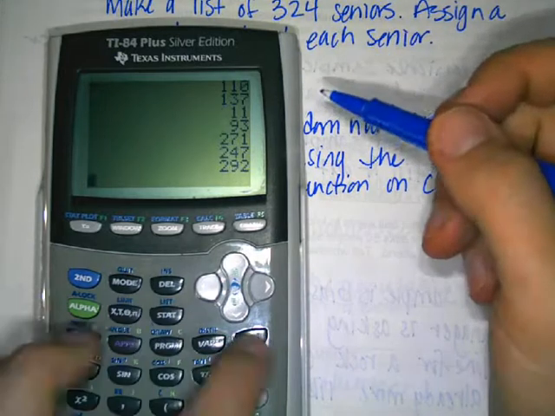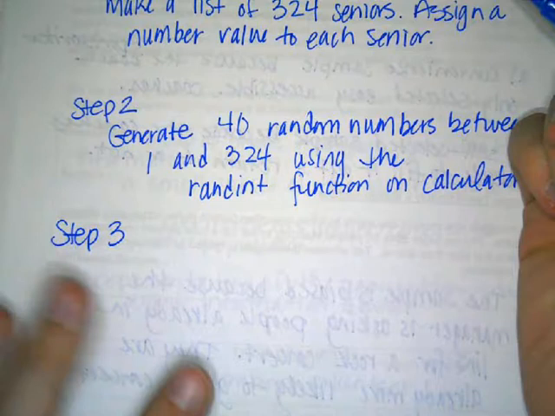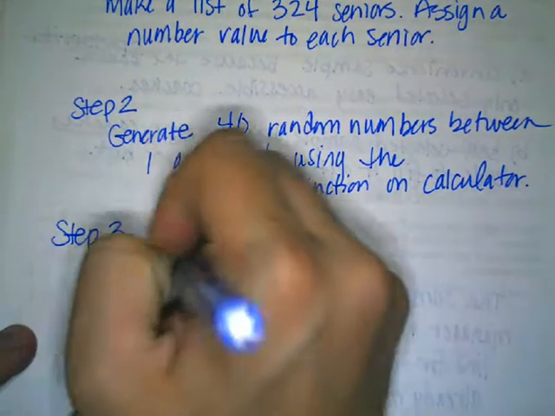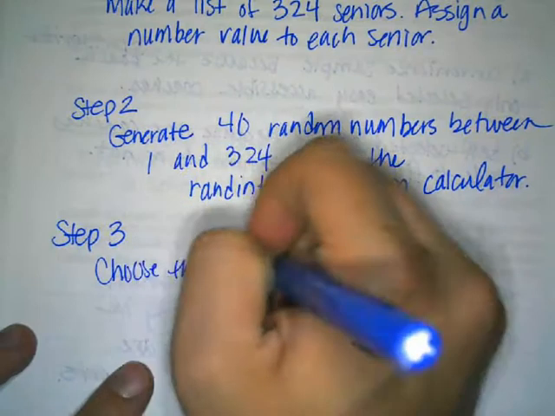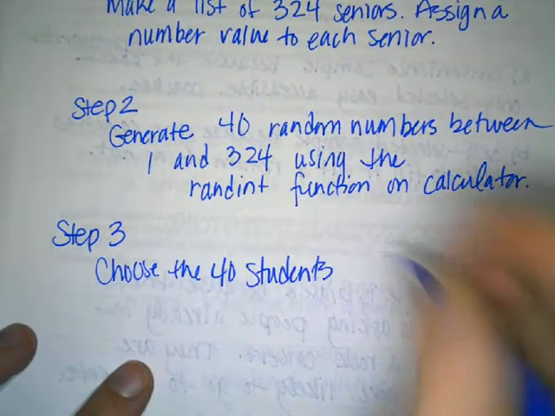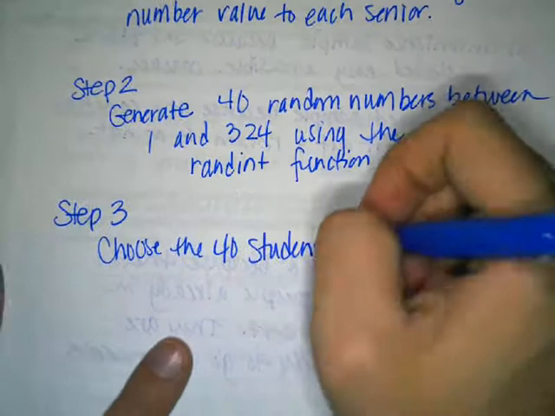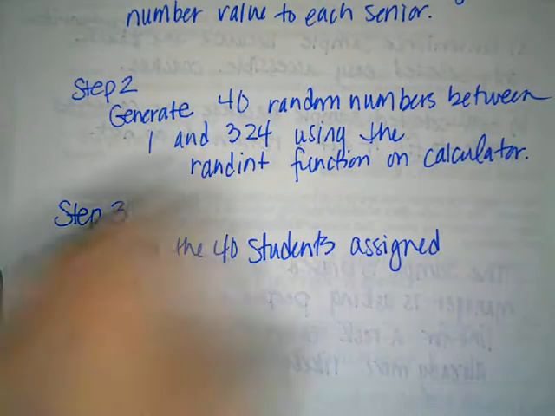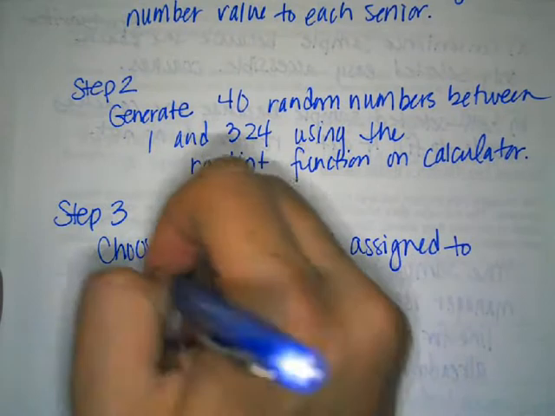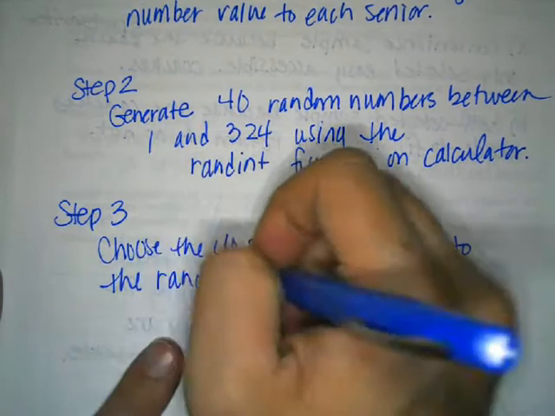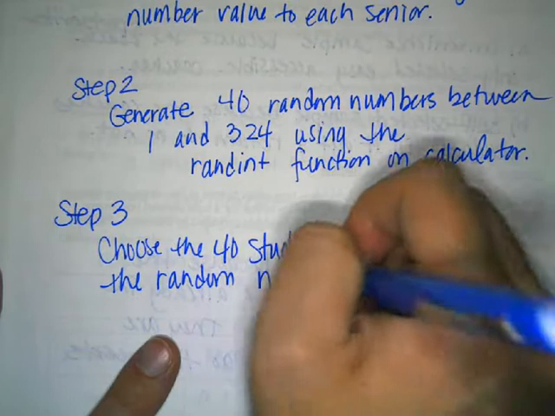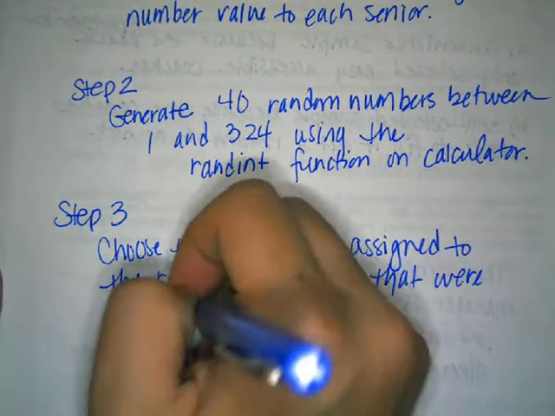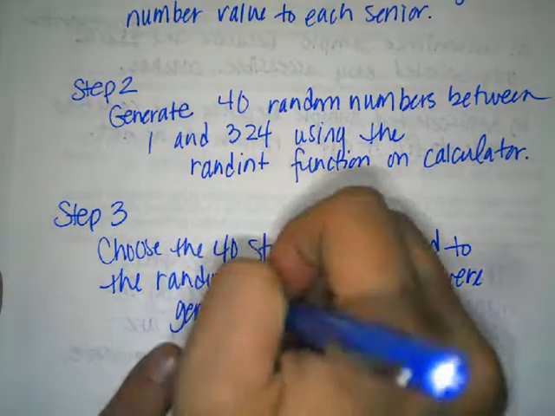Okay? And then step 3, we're going to choose the 40 students assigned to the random numbers that were generated.